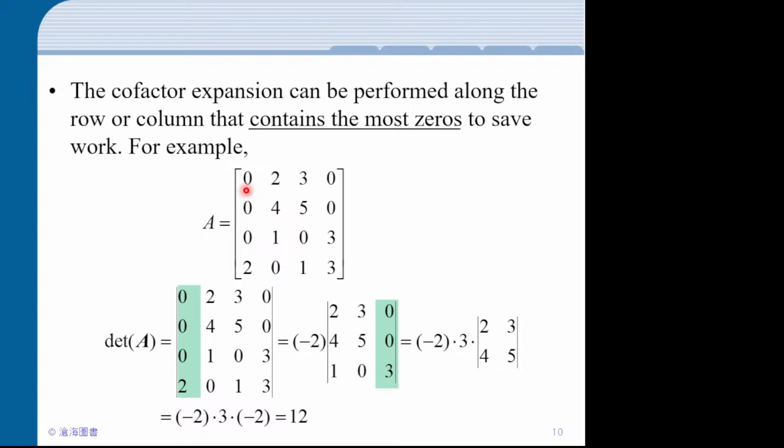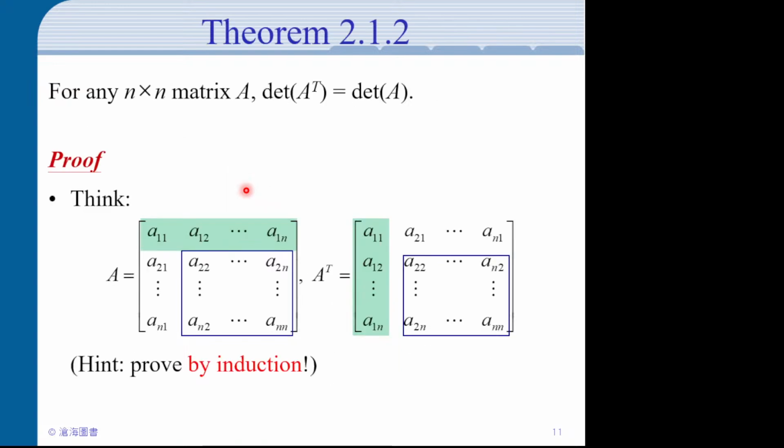And also, we can prove that the determinant of A transpose equals the determinant of A. We don't write all the proof here, but we can prove it by induction. So we think about A like this, and A transpose like this, where every element is transposed.